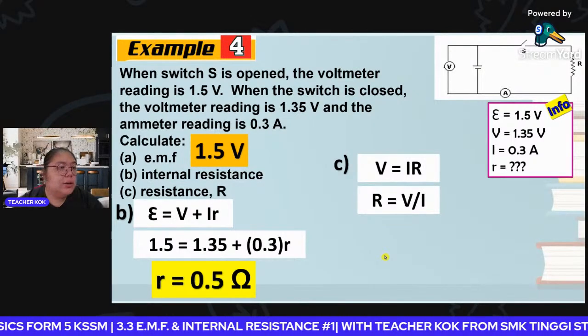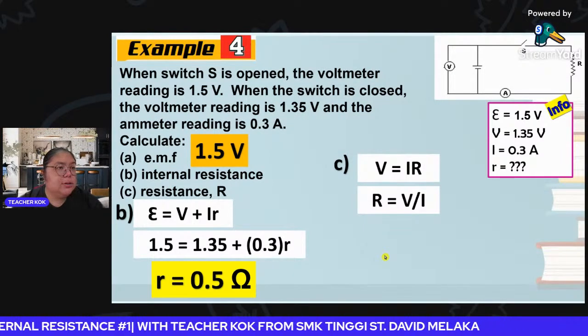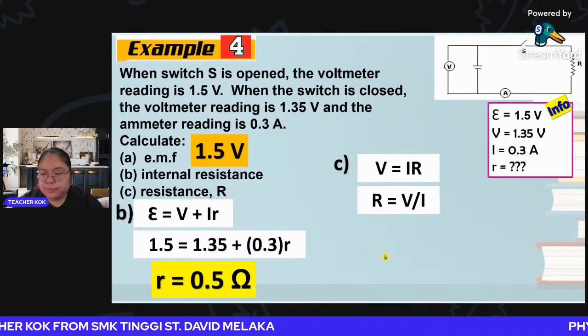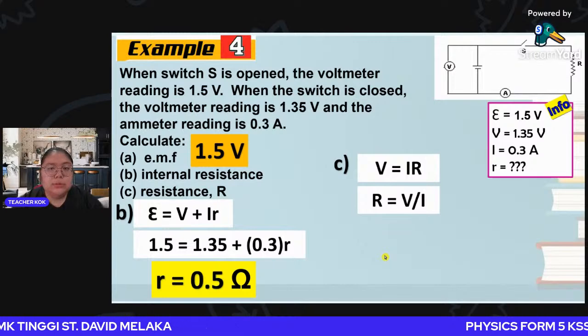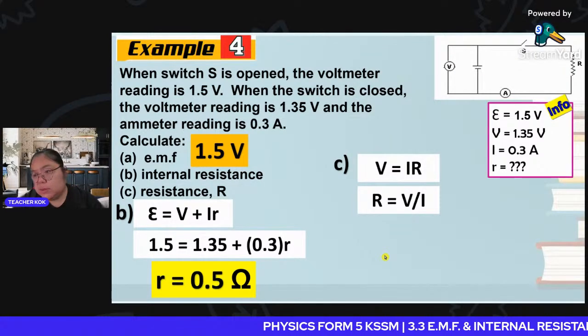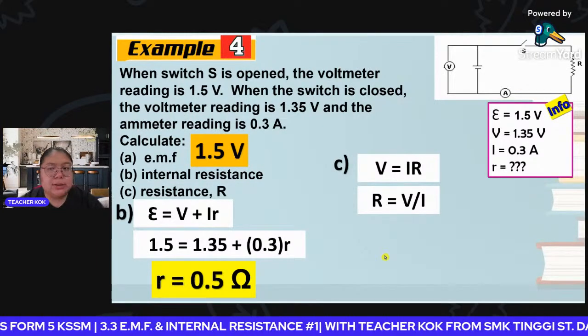Then check how many students can write the answer for the R. We still got some questions, and our lesson is almost ending at 11:30. Hopefully, if you can answer all the questions.